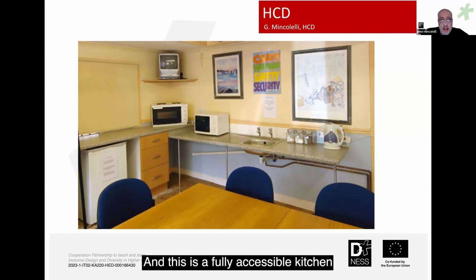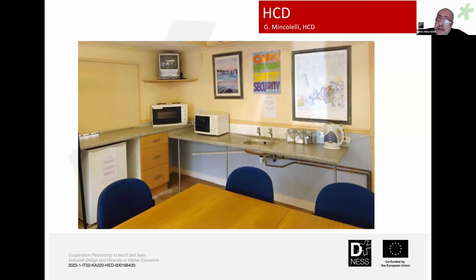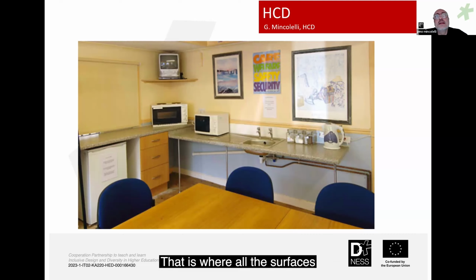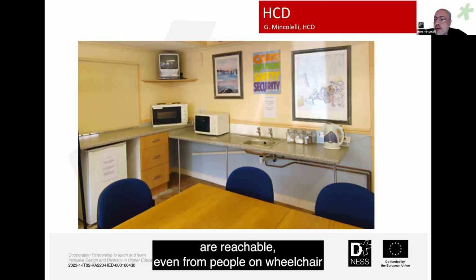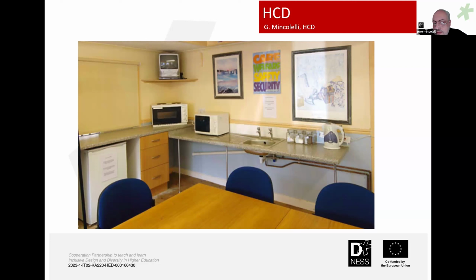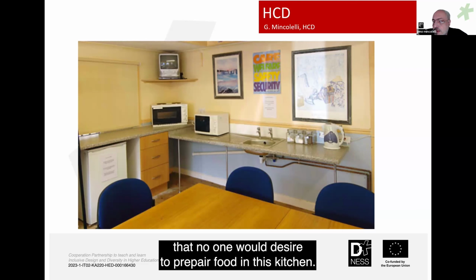And this is a fully accessible kitchen that was made in a disabled social community in England. All the surfaces are reachable, even by people in wheelchairs, and it is so ugly and so punitive and so aesthetically rude that no one would desire to prepare their food in this kitchen.